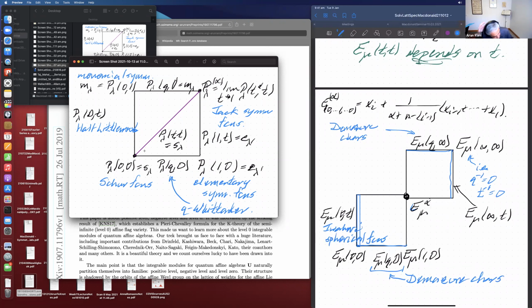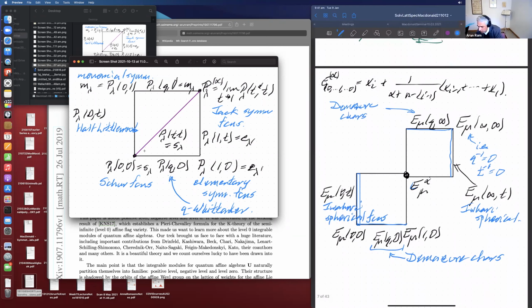And these guys are some version of Iwahori spherical functions. And hopefully I can give you a little bit of feel, slowly, we'll see how far we get, as to what I mean by that.